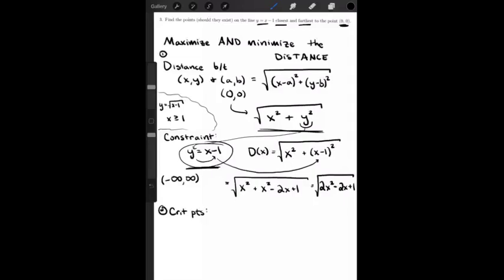And as we've said the past couple sections, we find critical points by taking the derivative and figuring out where it doesn't exist, and figuring out where it's equal to 0.